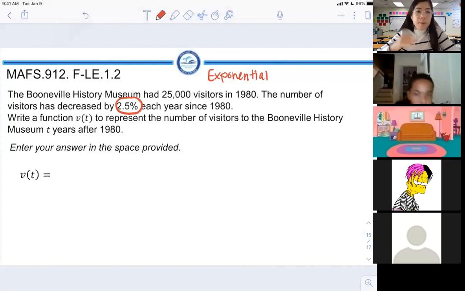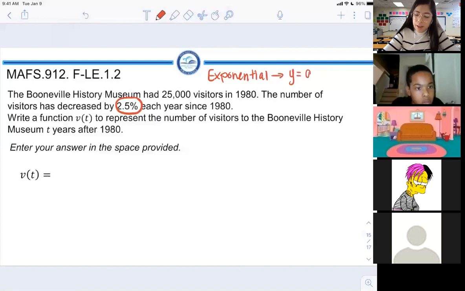Percents are always exponential, always, always, always. Am I growing or decaying? It's decay. Exactly. So I know that this is going to be A times 1 minus the rate, to the power of t. So let's fill in the blanks.